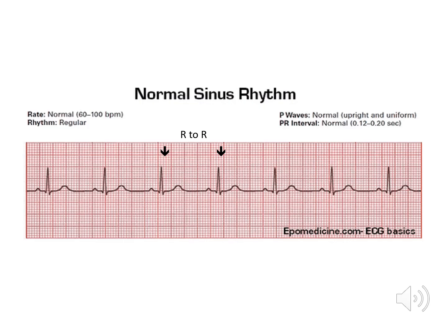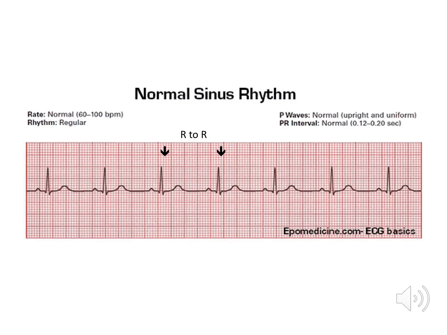And you remember that pointy peak thing, that's a QRS complex. And the R is the top of that complex. So the distance between the tops of those QRSs, that's the R to R interval. And in order to be considered normal sinus rhythm, the R's have to be evenly spaced apart, because that indicates that the rhythm is regular, right?